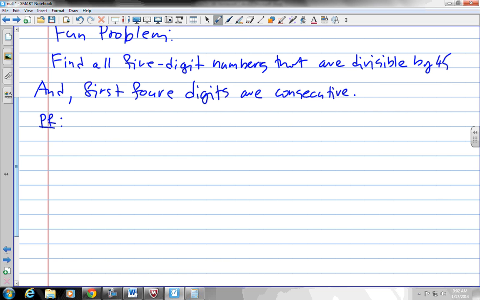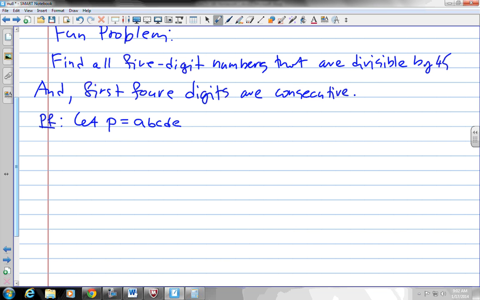So we need some notation. Let P, which would be our number, be written like that: A, B, C, D, E, with a bar on top. It's not a product of the letters. It's literally digits: A, B, C, D, E, like 1, 4, 7, 2, 5, a 5-digit number.